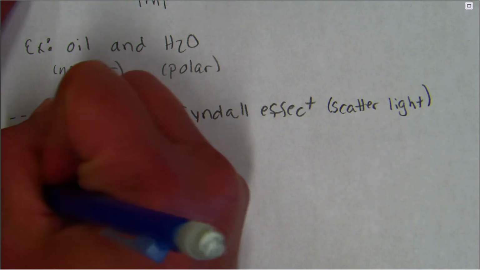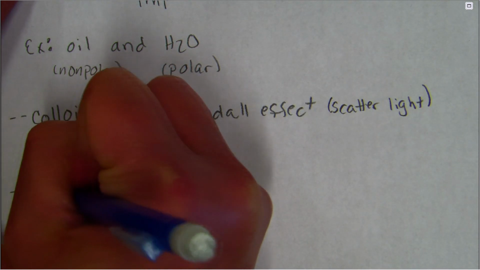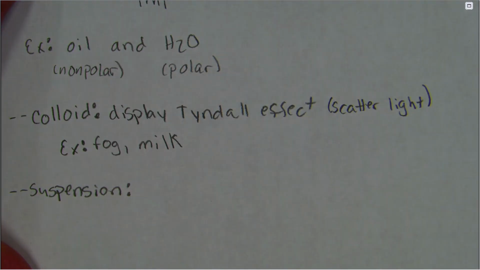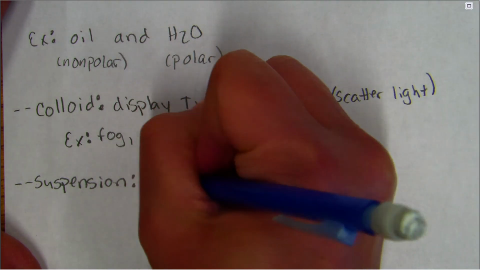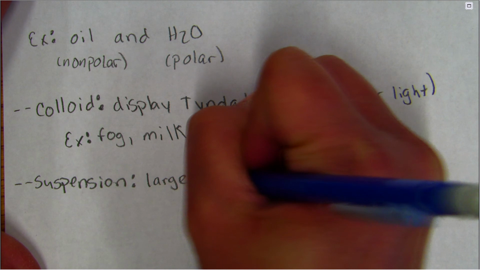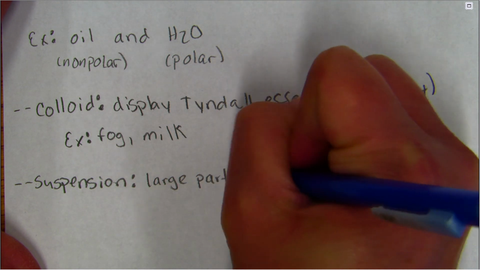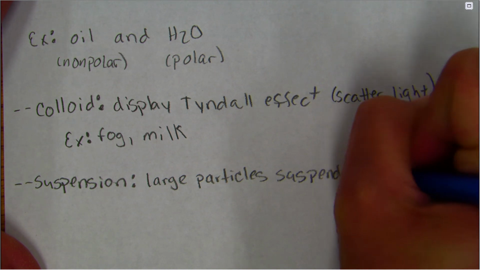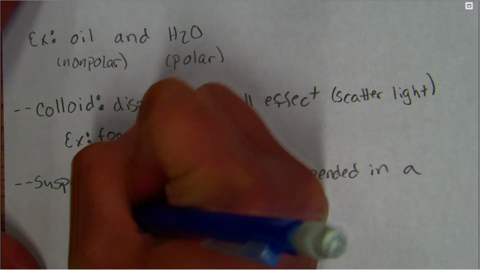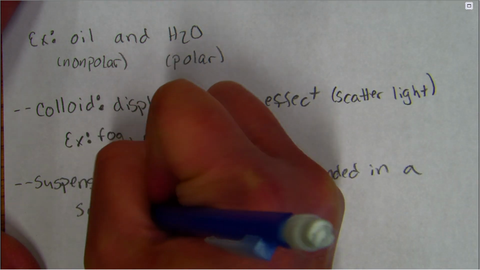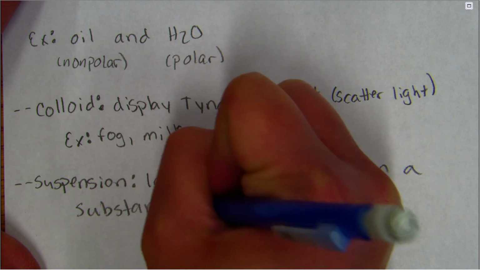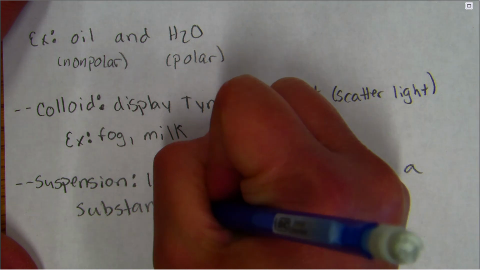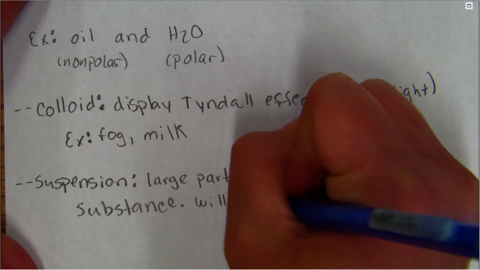The final type of mixture is going to be a suspension. And this is also a heterogeneous mixture. This is when we have large particles which are suspended in a substance, and if you let it sit, they will settle out.